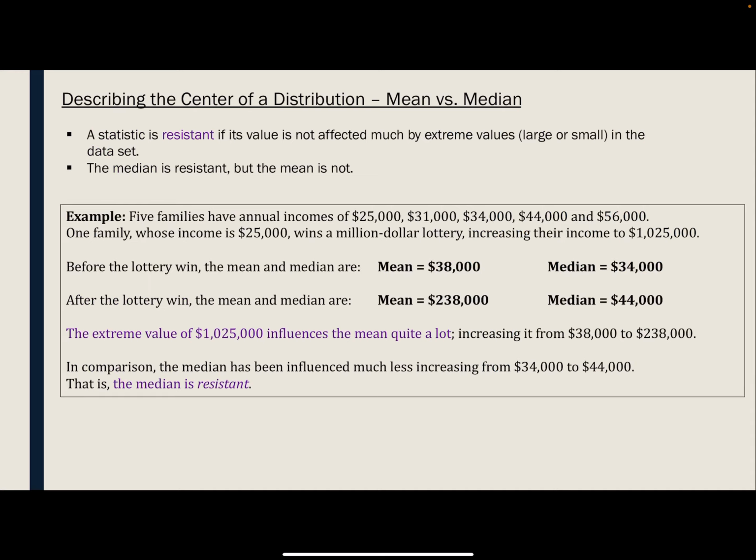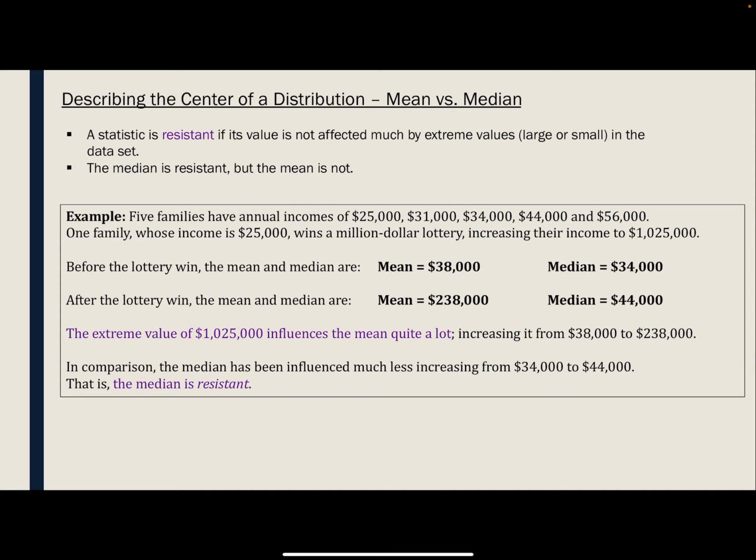So here's an example. It says 5 families have annual incomes of $25,000, $31,000, $34,000, $44,000, and $56,000. One family whose income is $25,000 wins a $1 million lottery, increasing their income to $1,025,000. So we want to look at the mean and the median of this distribution before the lottery winning and after the lottery winning.